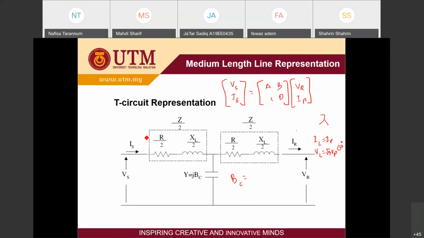So you need to know the relationship between A, B and VR, IR, and another one is the relationship between IS and VR, IR, where this one is C, this one D.